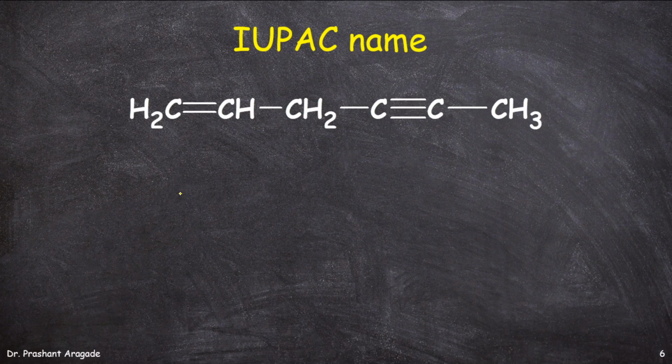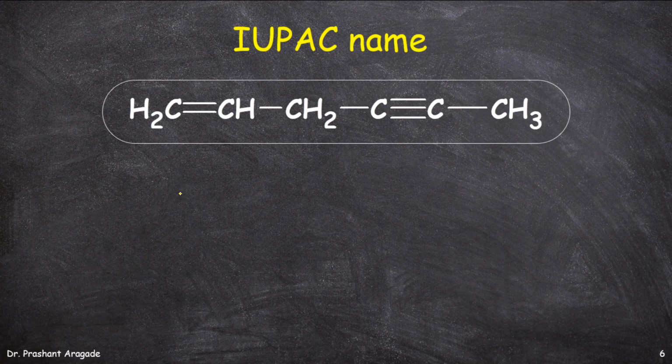So let's see how to write the IUPAC name for compounds containing double and triple bonds. First rule, select the longest possible carbon chain containing multiple bonds. Give the numbering as per the rules. So this numbering direction is correct because at one number position the multiple bonds get started.